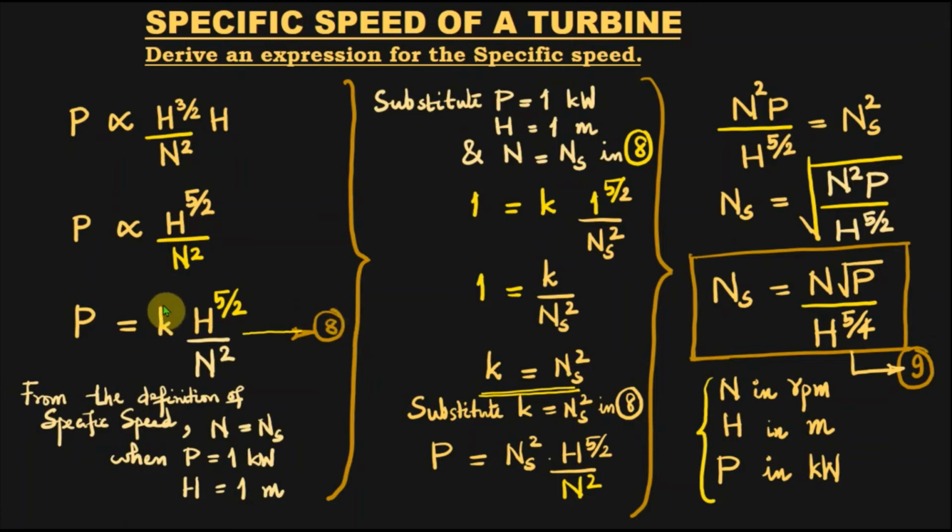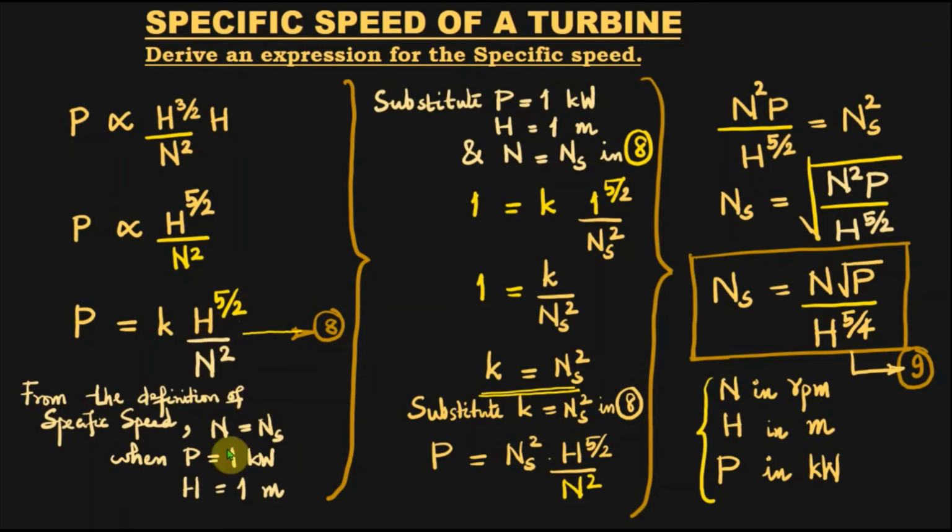Now we have to get the value of this constant K from the definition of specific speed. That is, specific speed is the speed of an imaginary turbine geometrically similar to the given one, which would develop 1 kilowatt when working under a head of 1 meter. So when n is equal to ns, then P is equal to 1 kilowatt and h is equal to 1 meter.